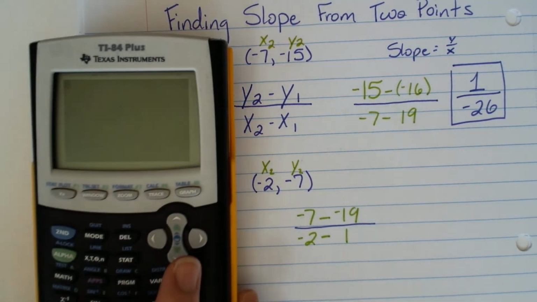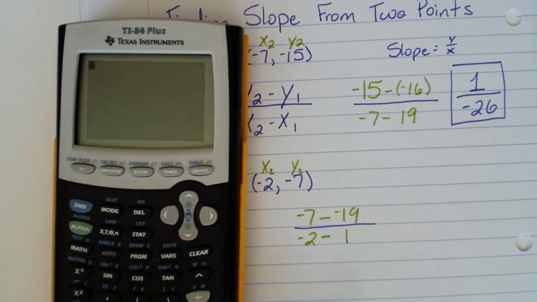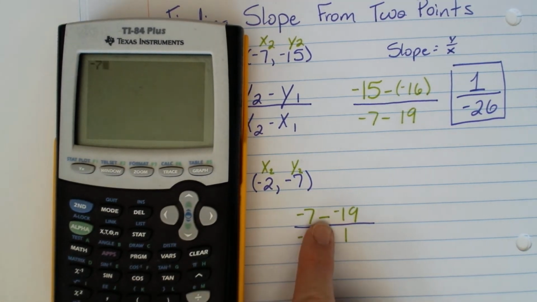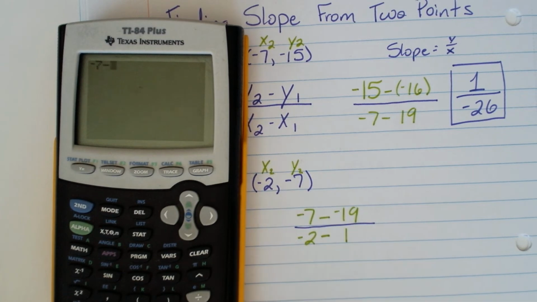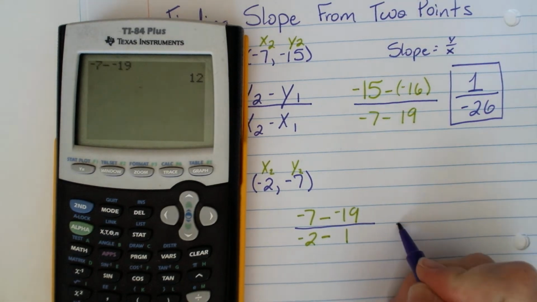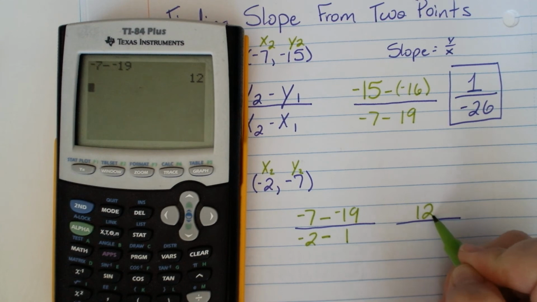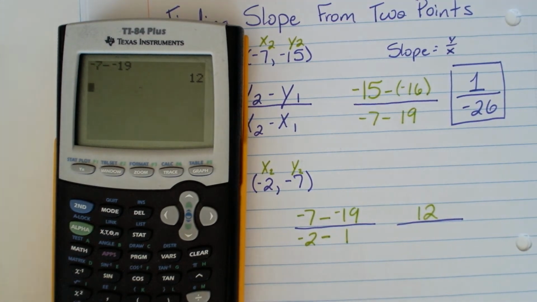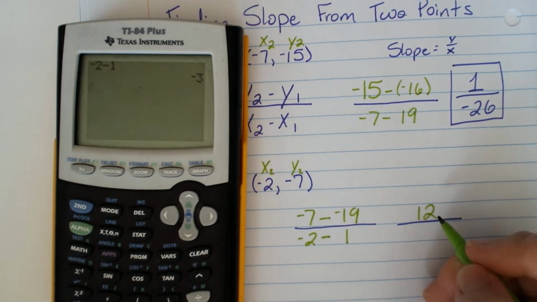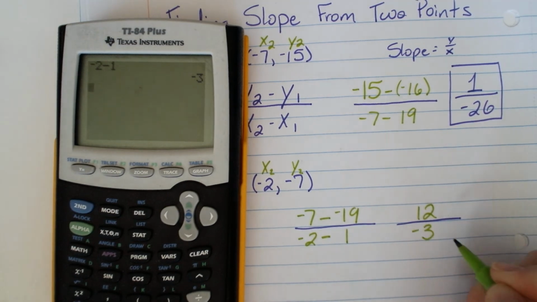Now all I have to do is put that in the calculator. Negative 7 minus negative 19. So we do rise over run, that goes on top, so we have 12. And then I have negative 2 minus 1. And that gives me negative 3.